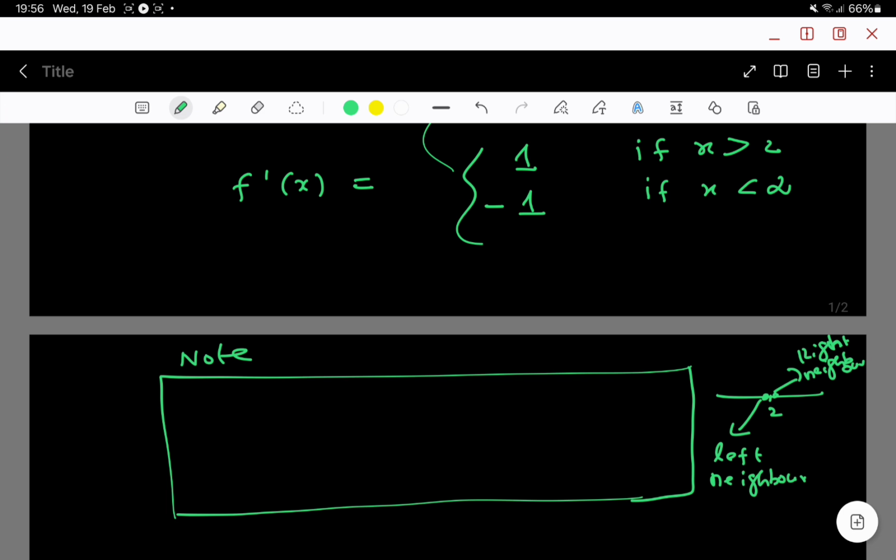At the right neighbor of 2, differentiation of f of x is plus 1. They are not same. Okay, therefore at x is equal to 2, the derivative does not exist.